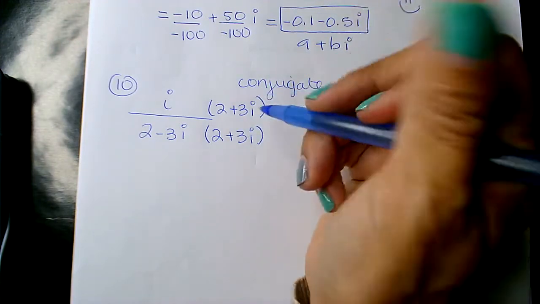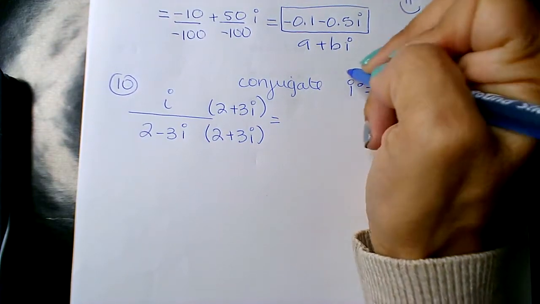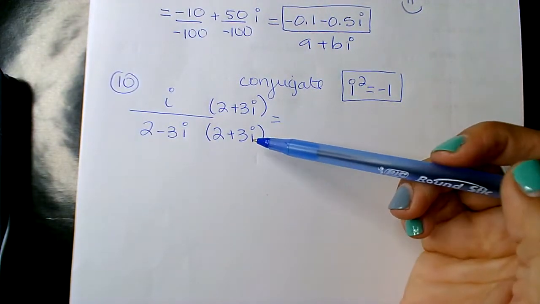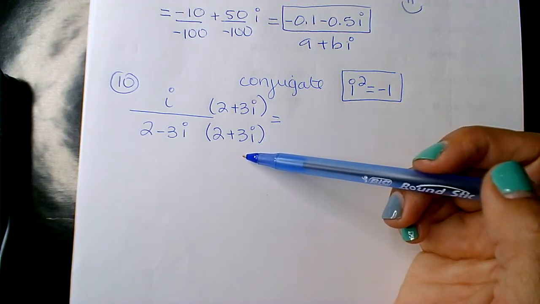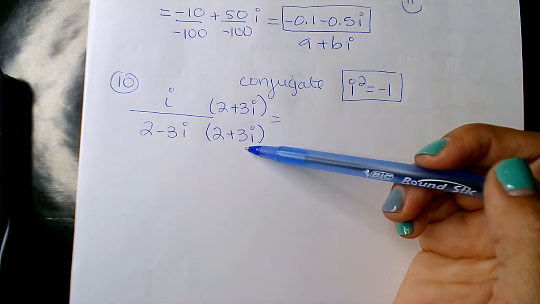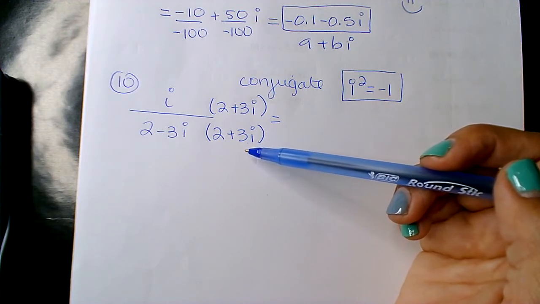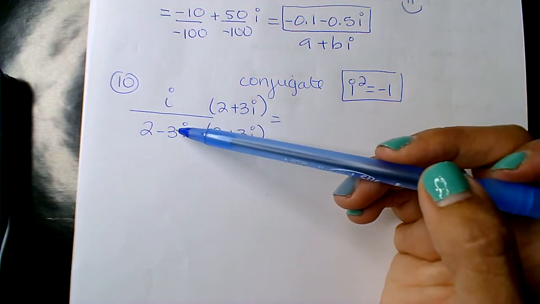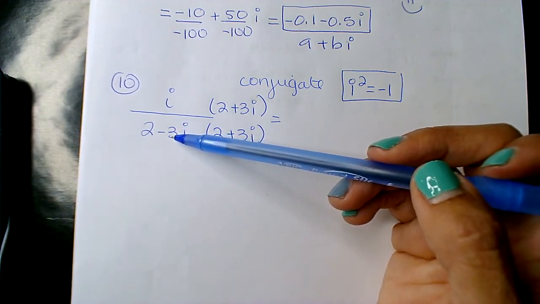And the reason why is not only are you going to use i squared equal to -1 as your advantage, but you don't know this yet, but when we do the difference of two terms, our two middle terms are always going to end up opposite, and so they end up not existing, and we end up with just real numbers, okay? So whatever the imaginary part is, switch that sign.